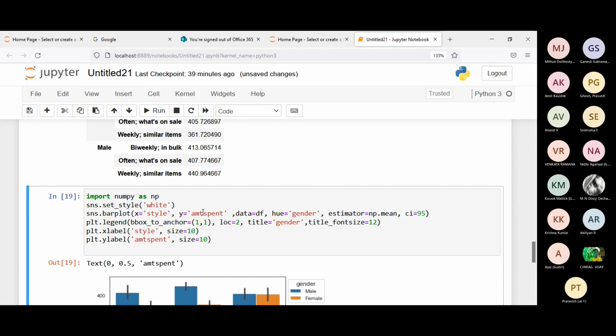I'm using a bar plot here and not a box plot. Reason being, a box plot would give you the median, not the mean.